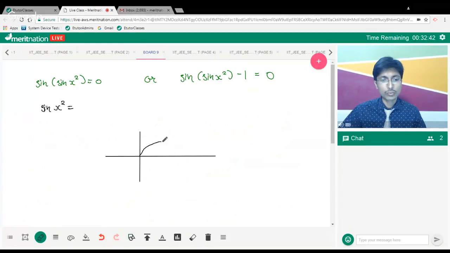Now see, at what points does the sine of x give me 0? At 0 and at pi and at 2 pi. So basically at n pi, I get the value of sine x as 0. So if I talk about the principal value, that sine of x square is 0.